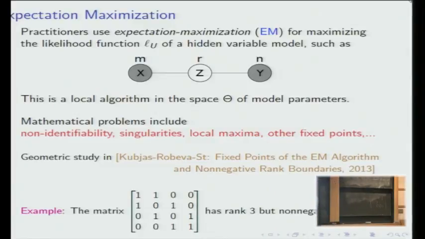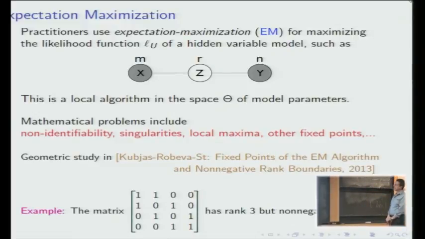The other thing that they do is they work in the space of parameters, theta, rather than in the space of distributions. But there are a lot of mathematical issues. There's non-identifiability, there's singularities, there are many local maxima, even in the baby example that we had on the previous slide. And the EM algorithm has many, many other fixed points.